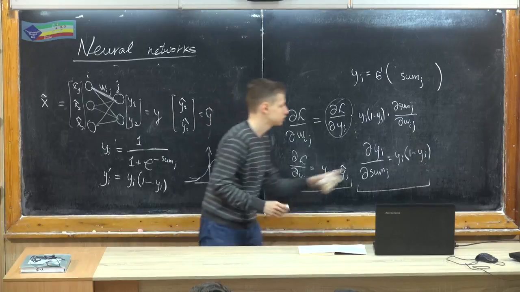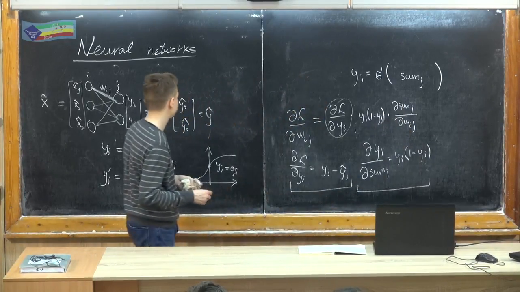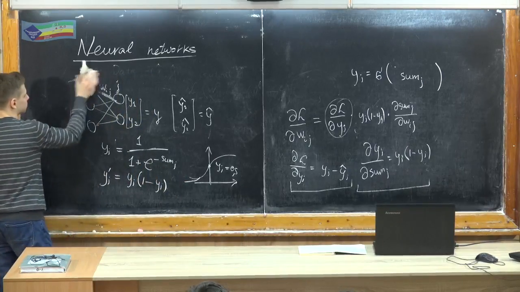And finally, this partial derivative of sum j with respect to this weight. Let's write it here.